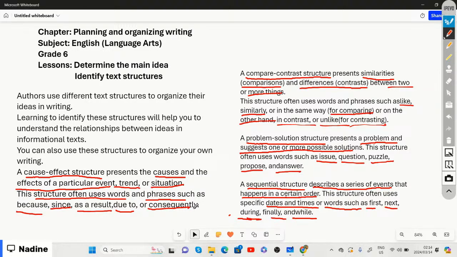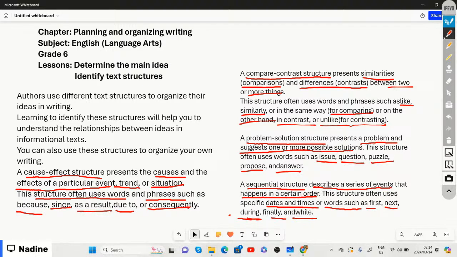So these are four different types of structures. Authors use different text structures to organize their ideas in writing. If we learn to identify these structures, it will help us to understand the relationships between ideas in informational texts, and you can also use them to organize your own writing.